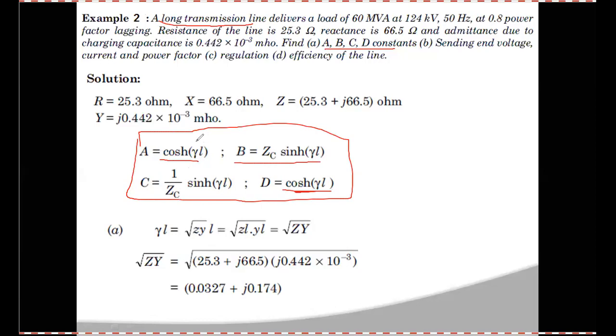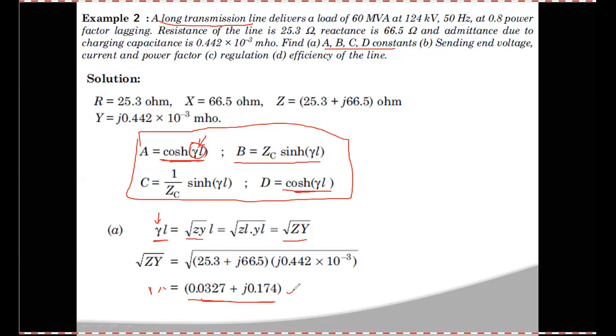Here again, you cannot directly calculate the value of cosh gamma L using your calculator. Why? Because gamma L is a complex number. Gamma here is the propagation constant, which is equal to the square root of small z into small y, into L. This can be written as the square root of capital Z into capital Y. If you calculate the gamma L value, you get a complex number, which is 0.0327 plus j 0.174.